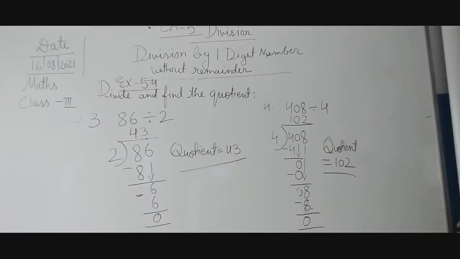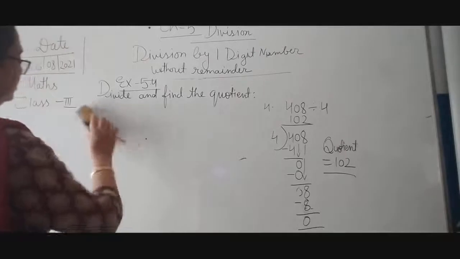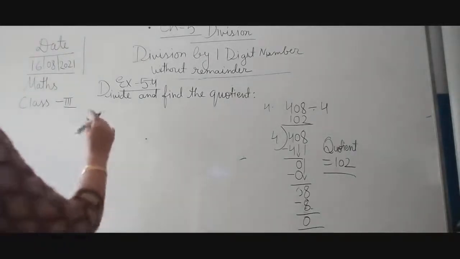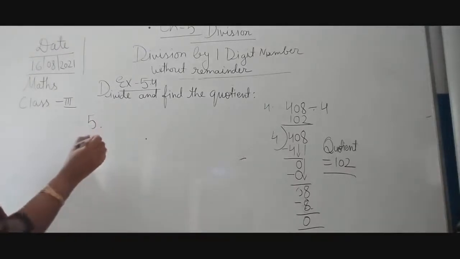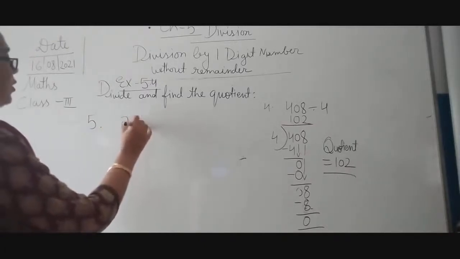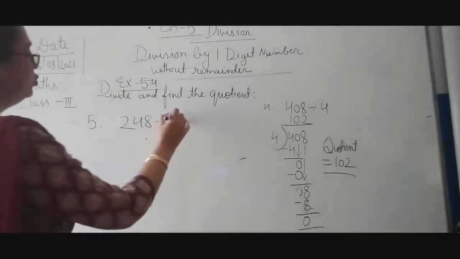After that we will do number 5. Number 5 we are going to do, children. Number 5 is, again this is in hundreds. 248 divided by 2, children.